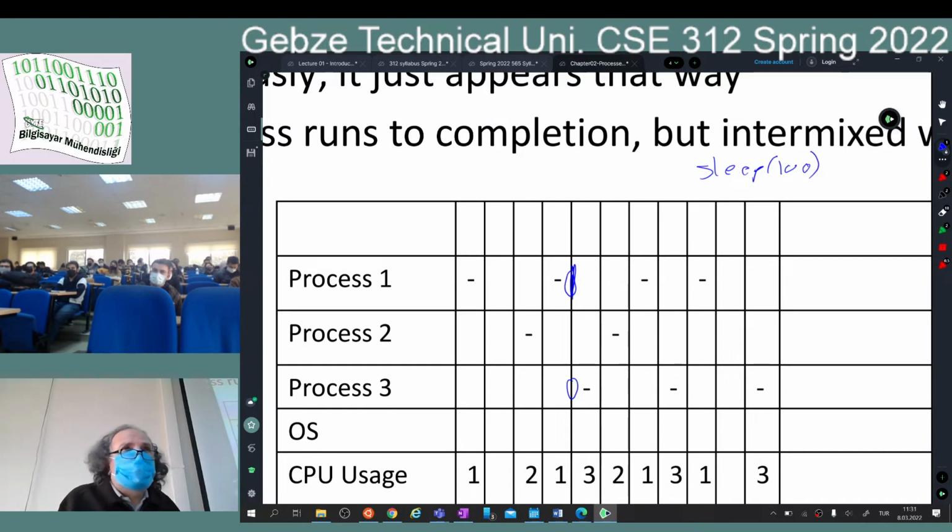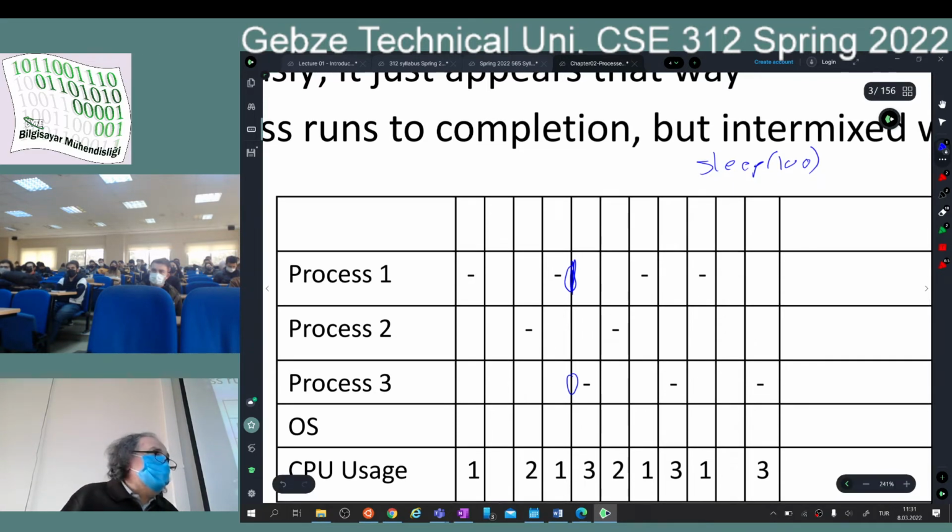I cannot run because I need to wait 100 milliseconds, and it is going to let some other process run. So switching from one process to another doesn't happen automatically. The operating system does that. So when the program is done running, it means that either a hardware interrupt or a software interrupt occurred.